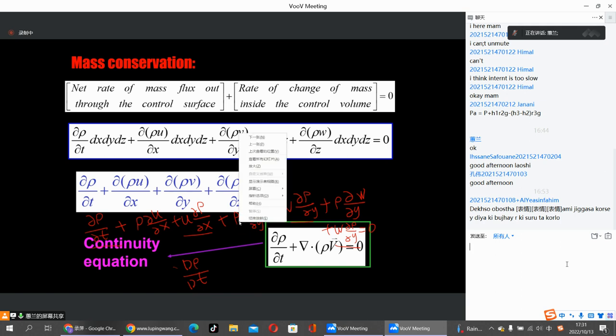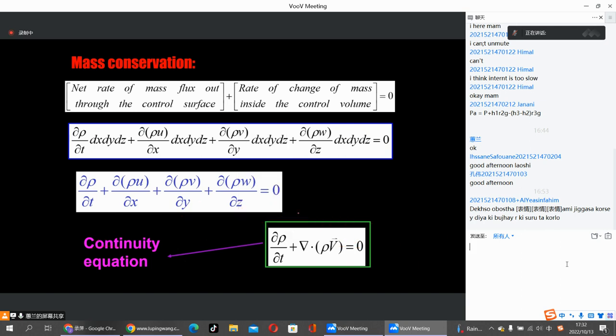Or maybe we can write it this way. For the total mass of the system, it will be the total derivative of the mass, right? According to the total derivative, or the substantial derivative or material derivative, it will equal the local derivative of the mass plus the convective derivative. u is the x velocity, v the y velocity, w the z velocity, right?